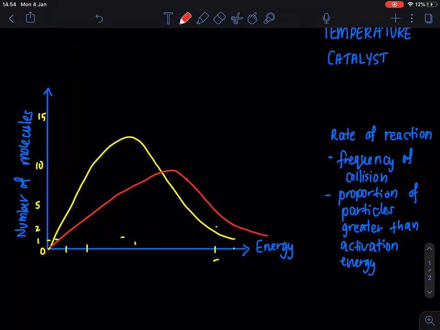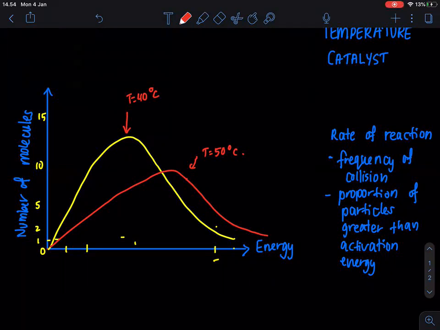So imagine this one is going to be temperature 40 degrees Celsius, and this is going to be temperature 50 degrees Celsius. For each of them, we know that activation energy is the minimum energy that is required for the reaction to happen, for a successful collision to happen.